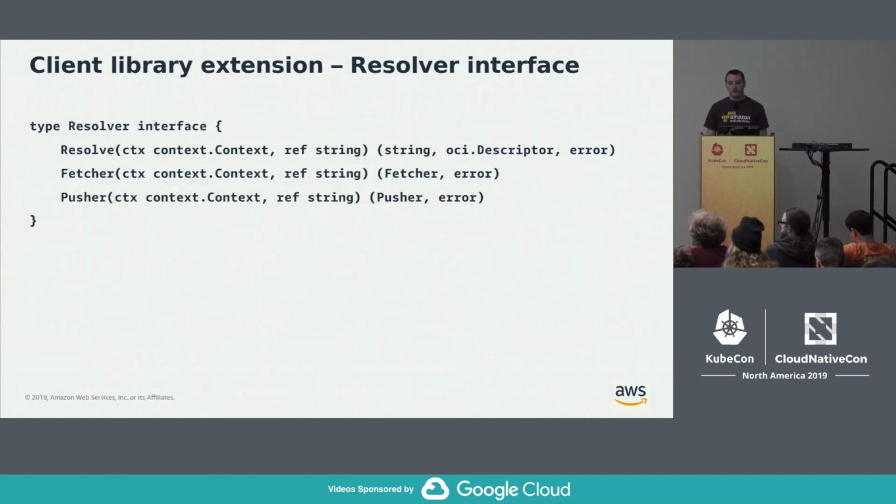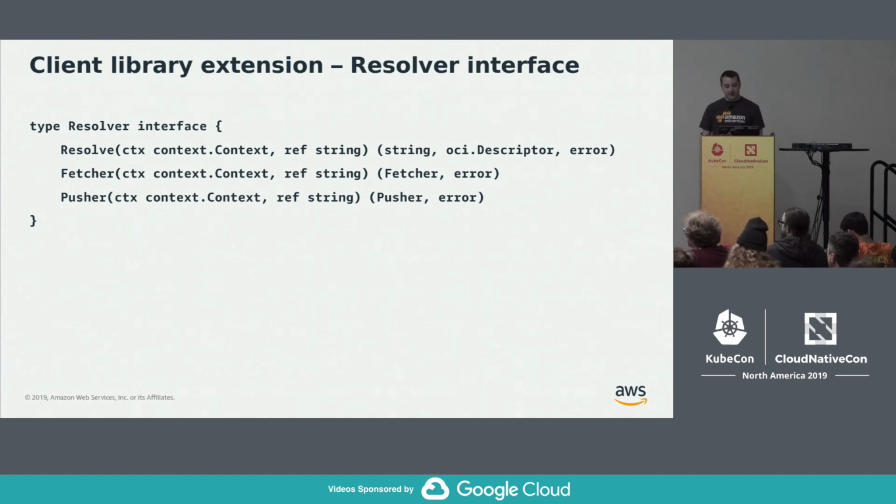This is the resolver interface, which is the basic thing that needs to be implemented, and it has 3 methods. The first one is called resolve, and that returns 2 useful things. The first is a canonicalized identifier for the image, which in the Docker implementation will turn the name of an image that includes a tag into something that is identified by a digest. It also returns a descriptor object that containerd uses in subsequent calls.